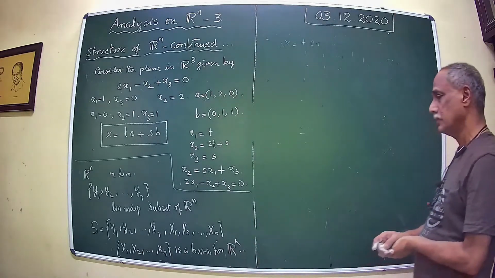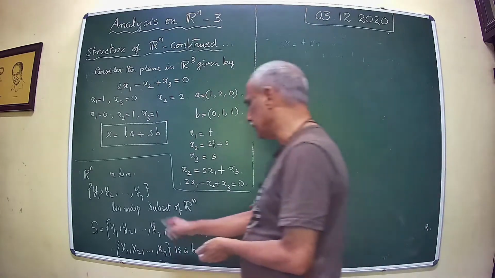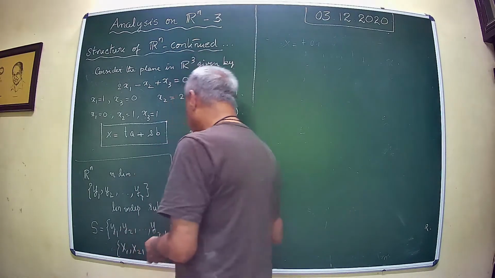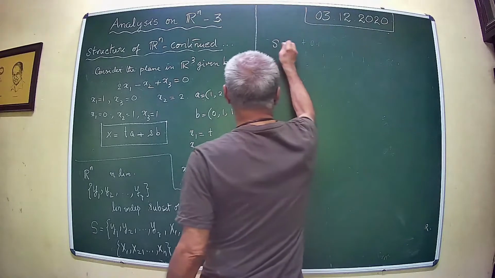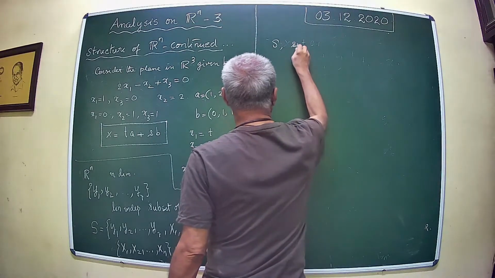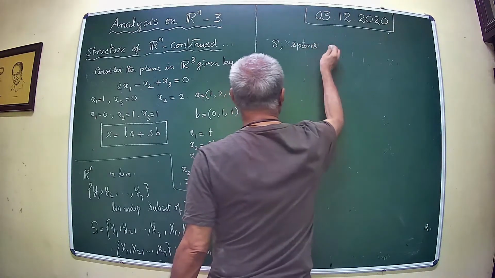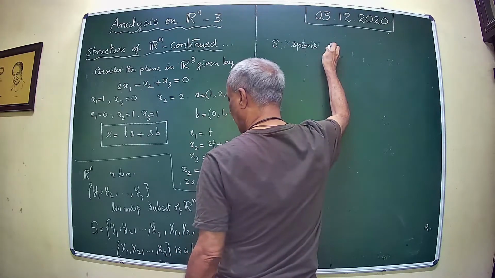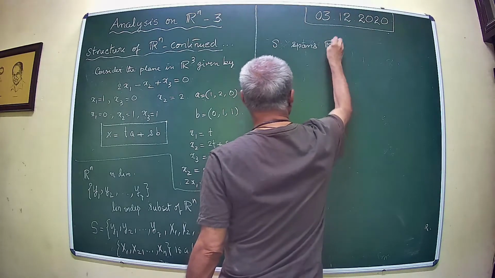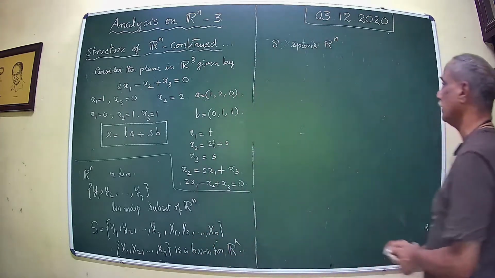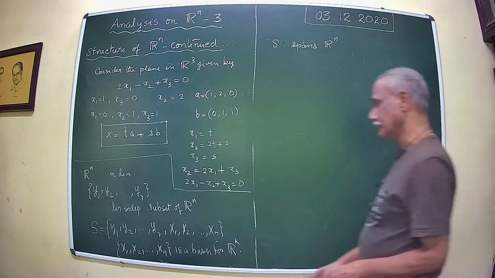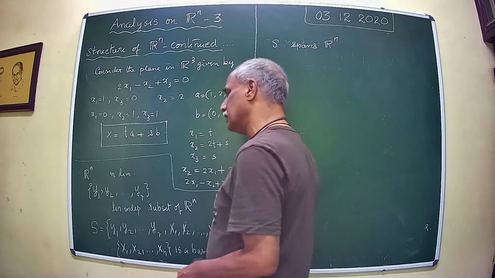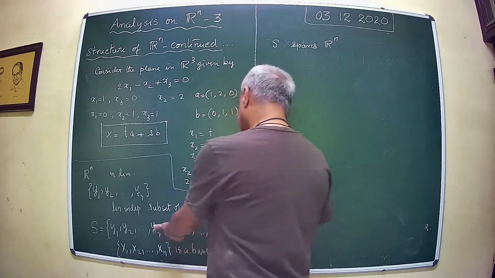One thing that you have is that S spans Rn. Why does it span Rn? Because x1, x2, etc., xn is already a basis. So this set of vectors spans.